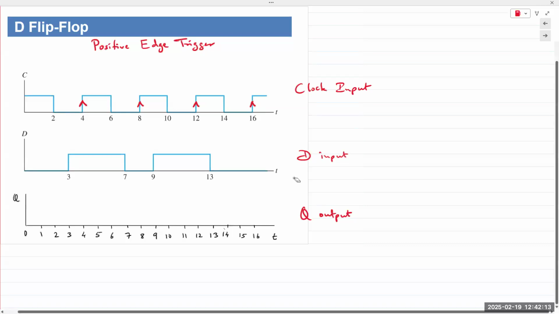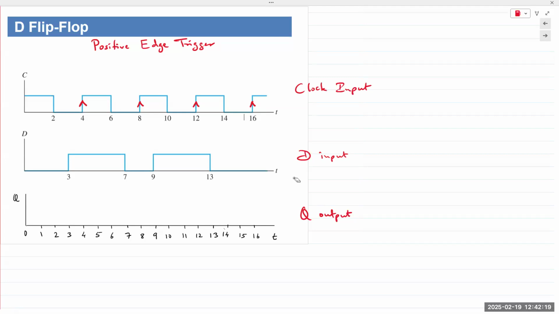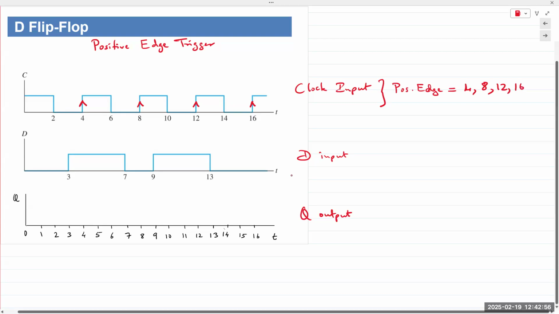So 1, 2, 3, 4. Those are at markers 4, 8, 12, and 16.